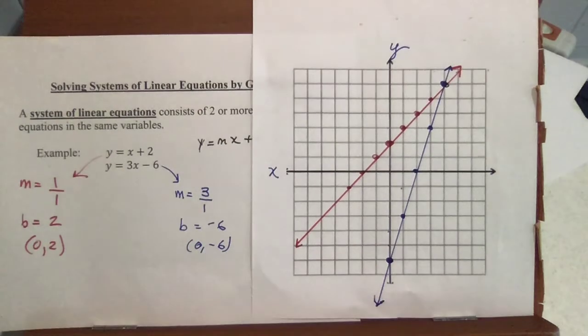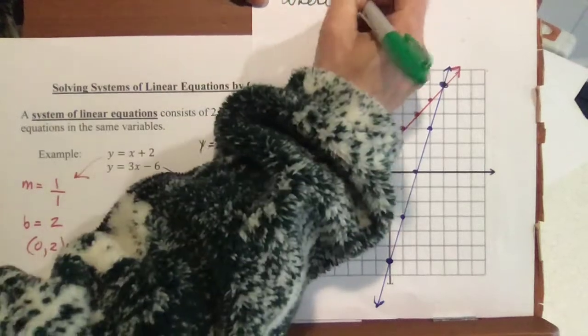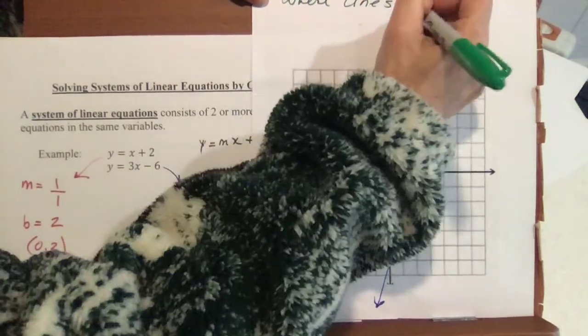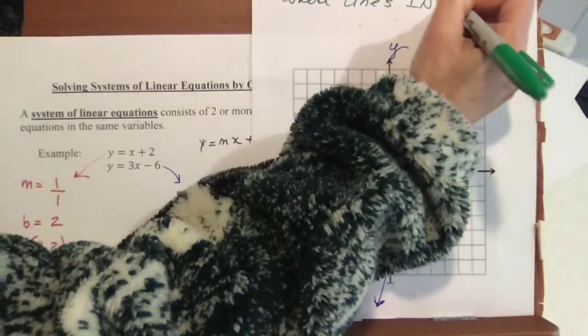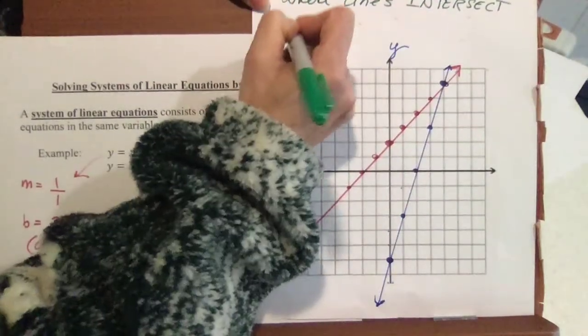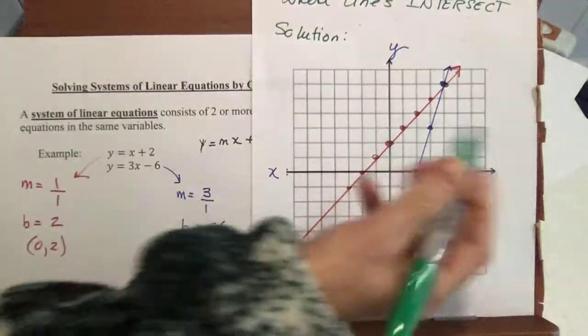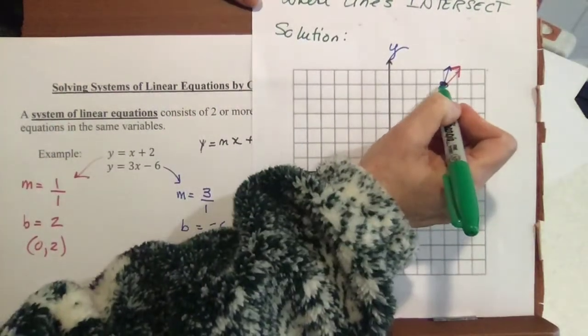When you're solving a system of equations by graphing, you are looking for where the lines intersect. That's our solution. So our solution in this case is the point where our lines intersect, and they intersect right here, at this point.